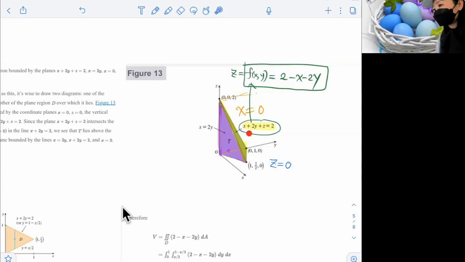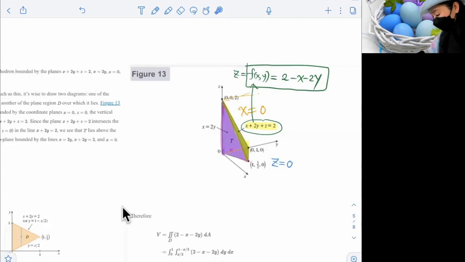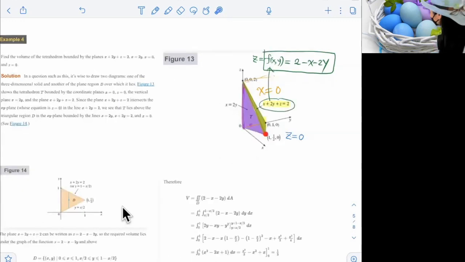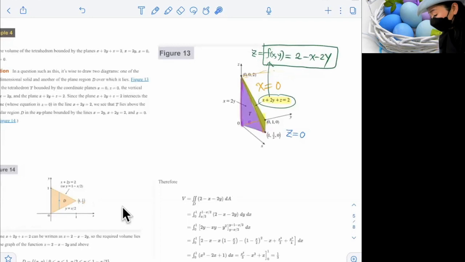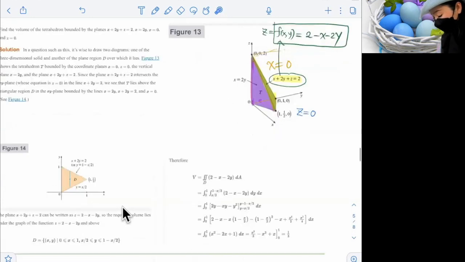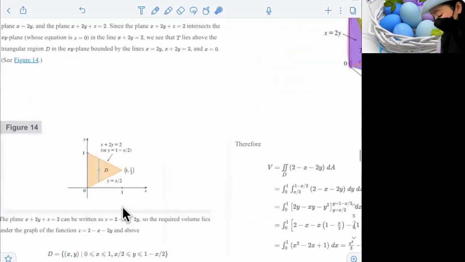Integrate this function over a region. And what's the region? The region is down here on this xy plane, this triangle over here, right? And how does it look? Well, let's just label the vertices of the triangle. So you have 0, 0 on the xy plane, this one and this one.